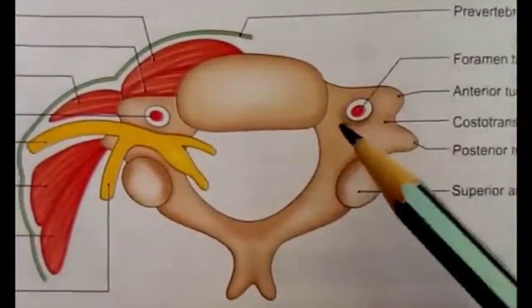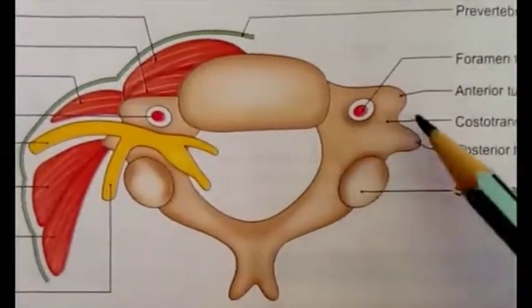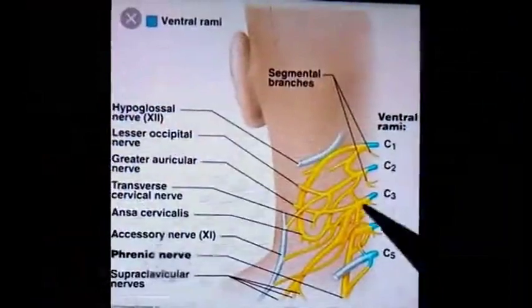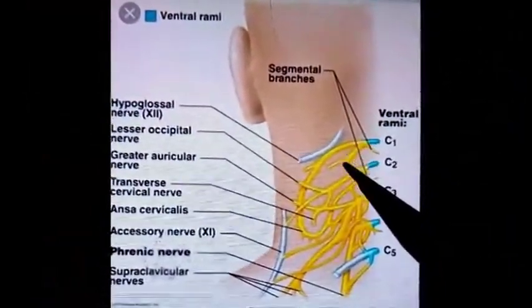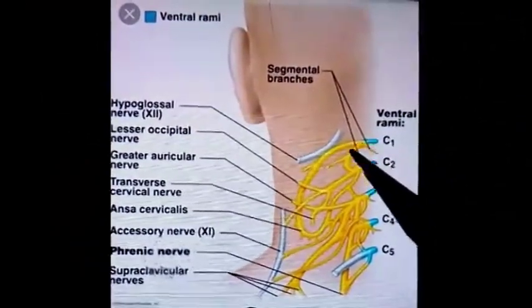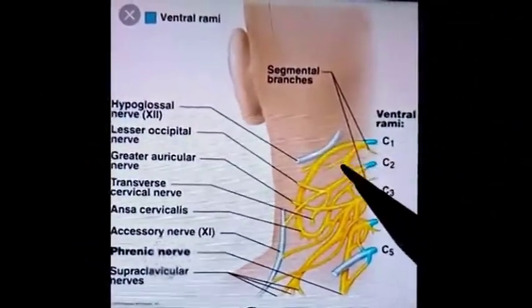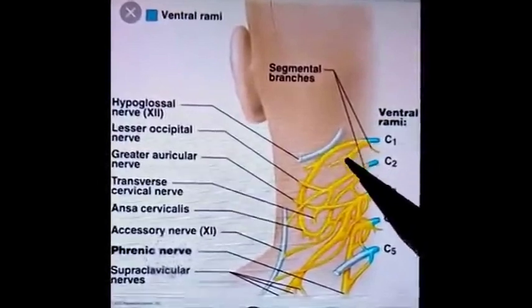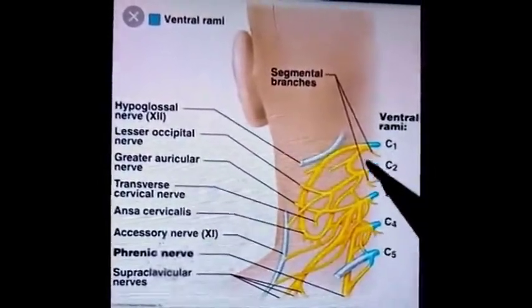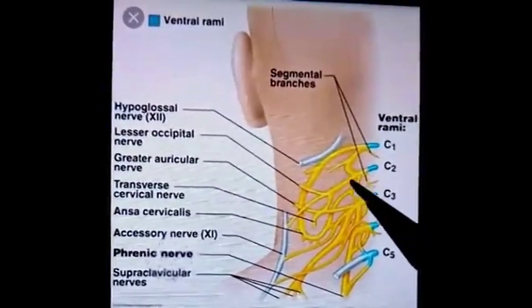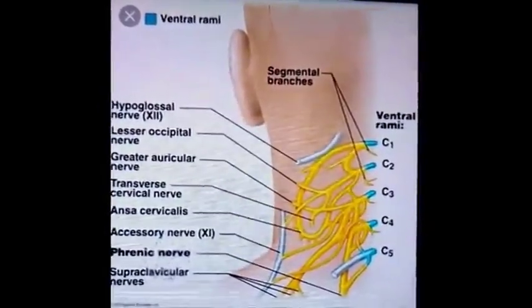So it is grooved by the passage of ventral ramus of the spinal nerve. These four ventral rami join one another with the help of nerve fibers which form a loop. So these four ventral rami join with one another with the help of three loops.